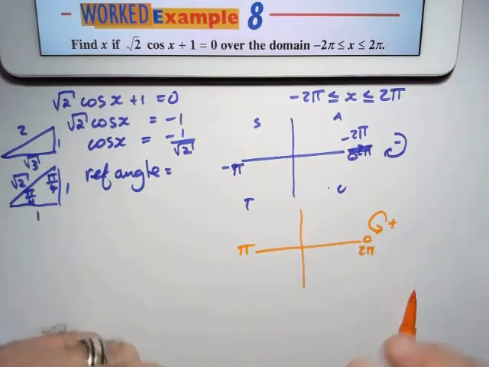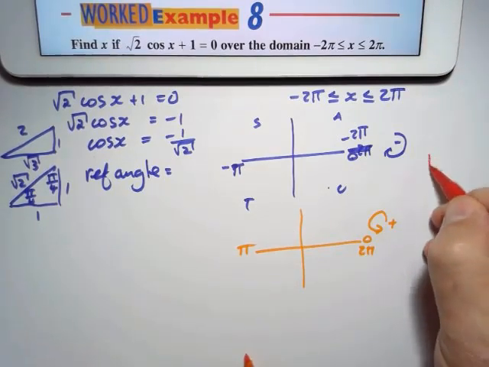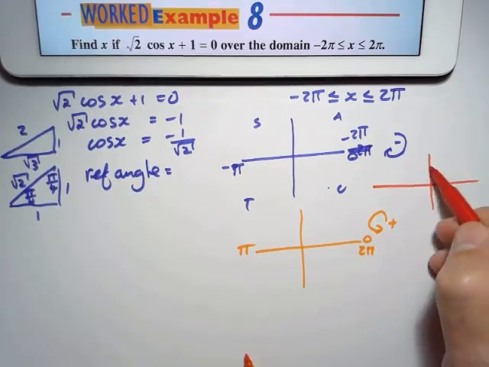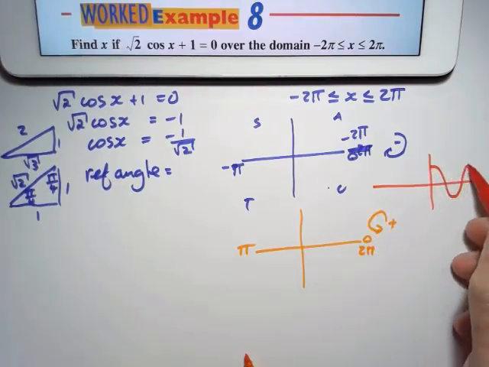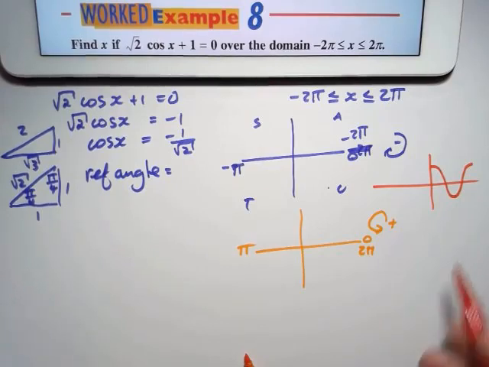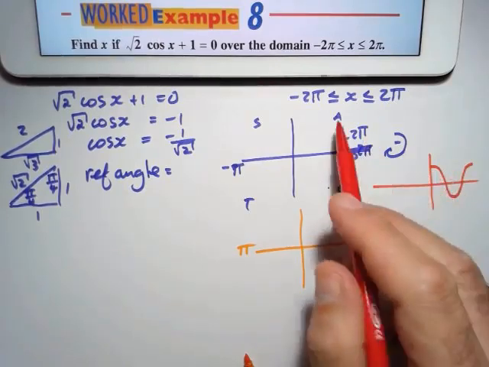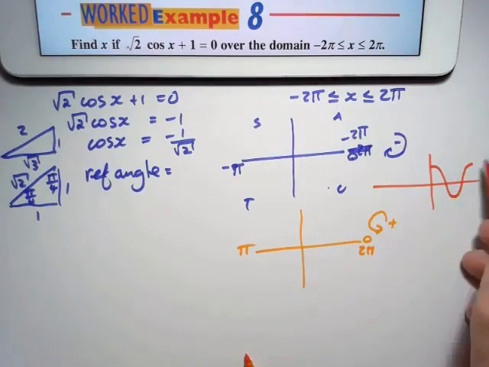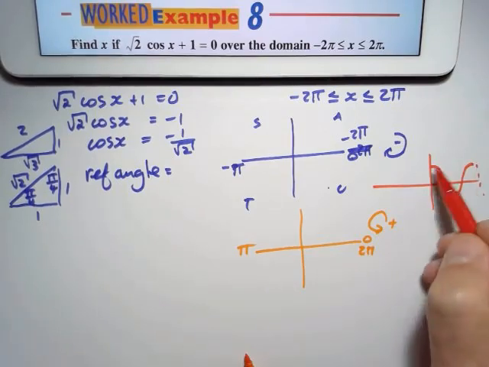If I can quickly, just here on the side, in red, because you don't have to do it, just quickly remind you of what we do. Our cos graph looks like this. Okay, cos graph looks like that. But remember, if we don't give a domain, this thing will go on forever in both directions.